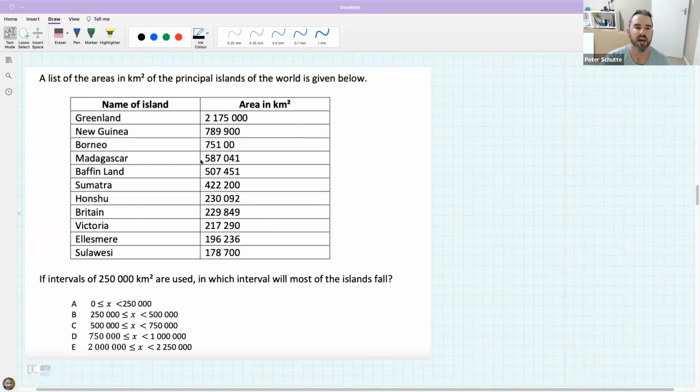So it says here, we have a list of areas in kilometers of the principal islands of the world. So these are like the big islands in the world. One of the big ones that I noticed that's near to us is Madagascar. And we've got the land area of each island. So we have something called Greenland, which looks pretty big. I'm noticing that the data is ranked from smallest to biggest.